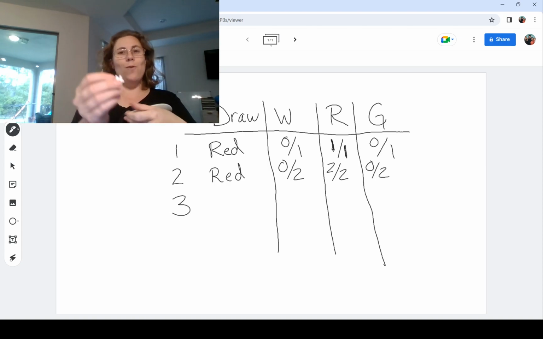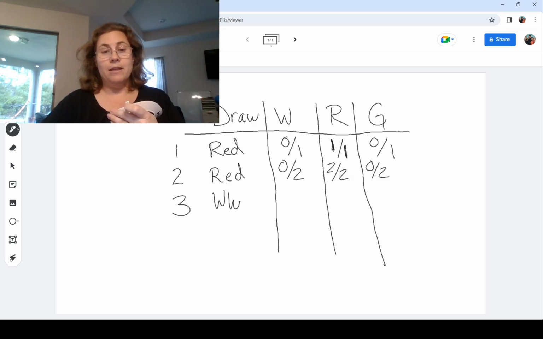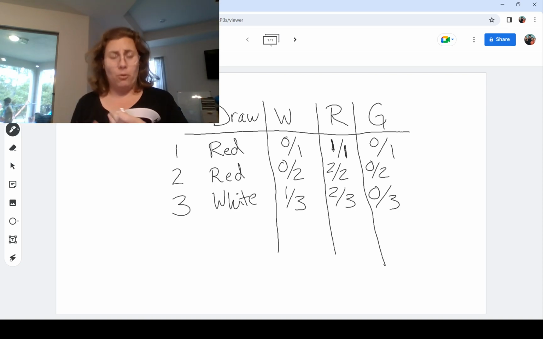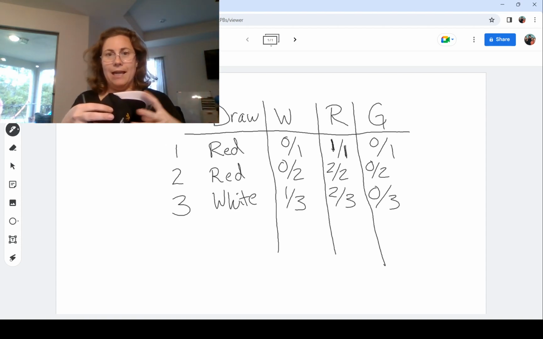And, ooh, I got white. So now my draw is a white, and I have 1 white out of 3 draws. So maybe 1/3 of the time I get white, 2 out of the 3 draws are red, and there are 0 greens in this bag currently with my sample. They don't exist. Not putting it back into my hat, just putting it off to the side, right?